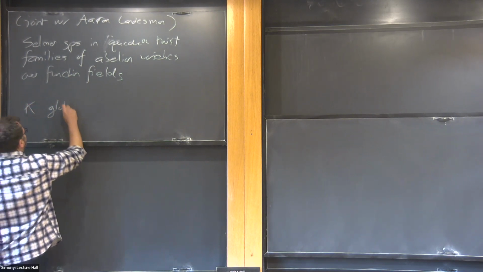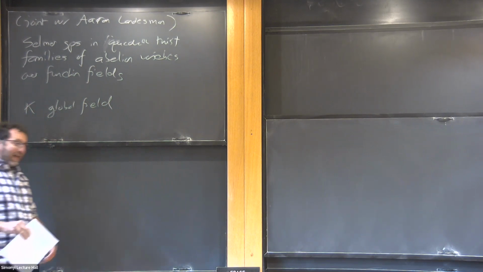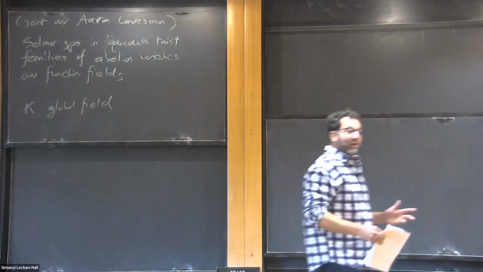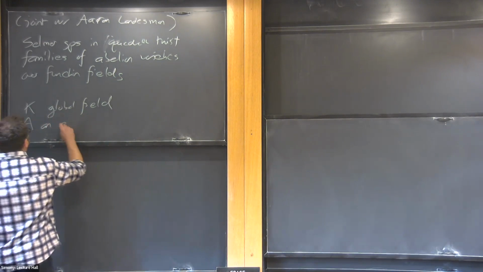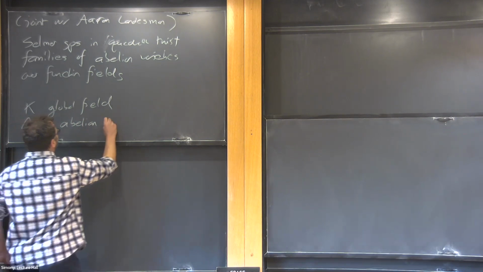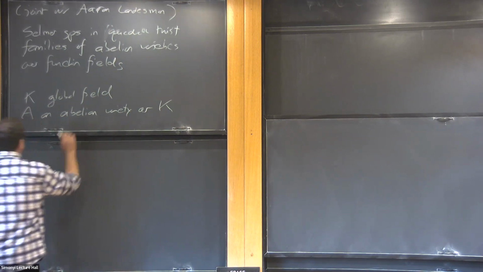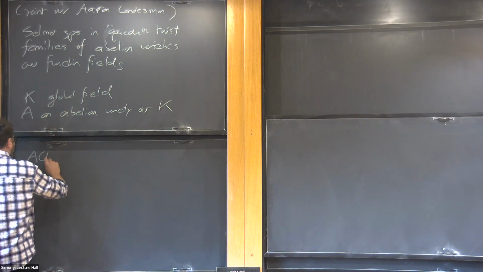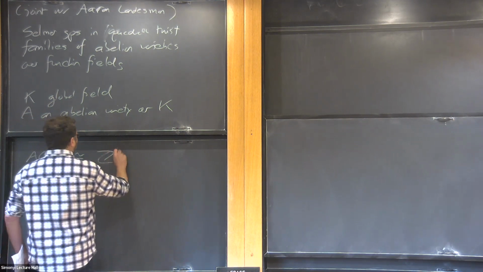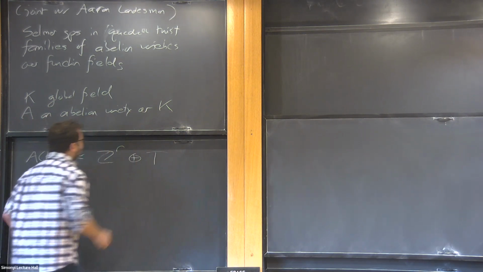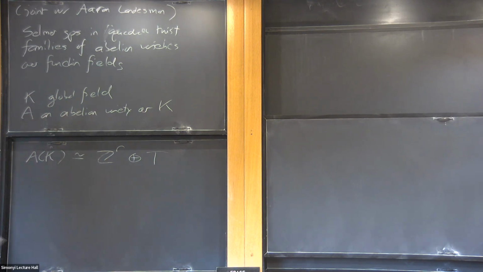So, if K is a global field, which much of the time is a number field, but for today is basically always going to be the function field of a curve over a finite field, and A is an abelian variety over K, the thing we study all the time is the Mordell-Weil group of rational points of this abelian variety, which is a finitely generated group: Z to some power R plus some torsion group, which we're not going to think about much today.